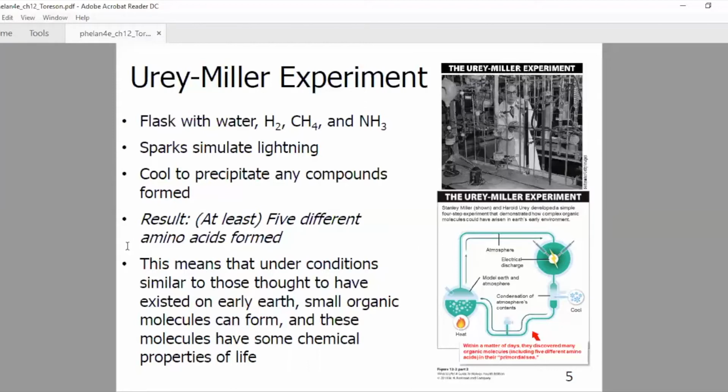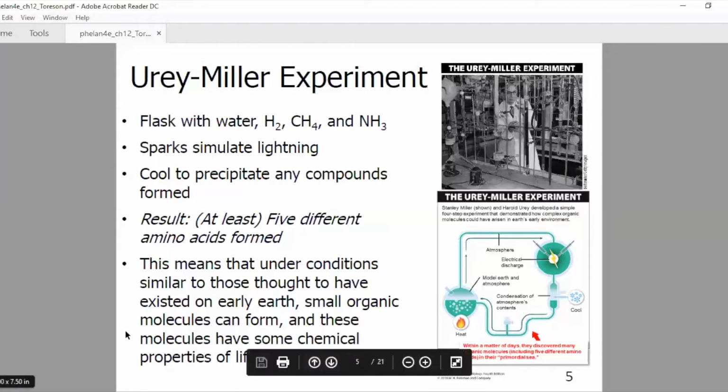So what this experiment shows is that given the conditions present in early Earth's atmosphere, organic molecules can form spontaneously by the interaction of electricity and those gases that were present back then.